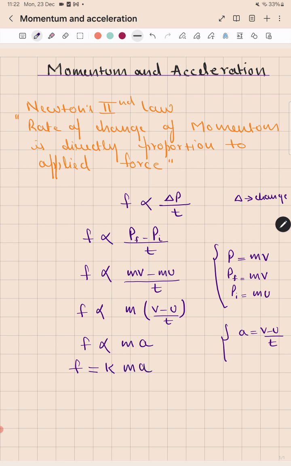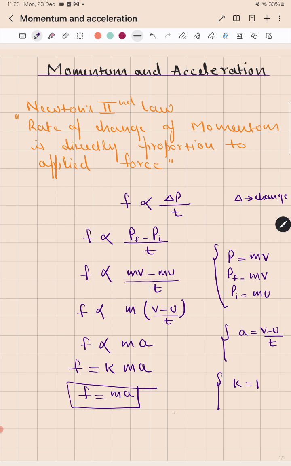But the formula we commonly use is simply F is equal to ma. There is no k. In this derivation, the value of k is 1. This is the experimental value which we can find in the laboratory. So if you substitute the value of k as 1, the final result is F is equal to ma.